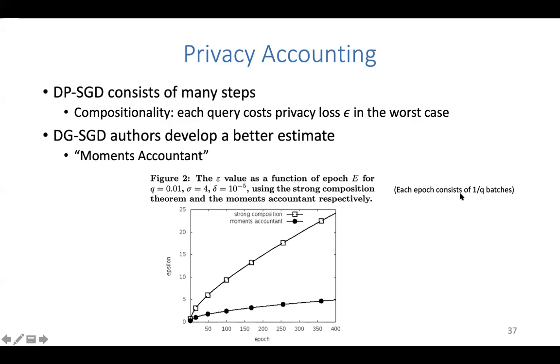In this case, each epoch consists of 100 mini-batches. So you can exactly calculate the total privacy loss, which is much tighter than just saying that when you do 400 epochs, your worst-case total privacy loss is about 23, which is really irresponsible. But using their moments accountant mechanism, you can say that this DP-SGD guarantees a total loss of 5 for 400 epochs, which is a much nicer bound.